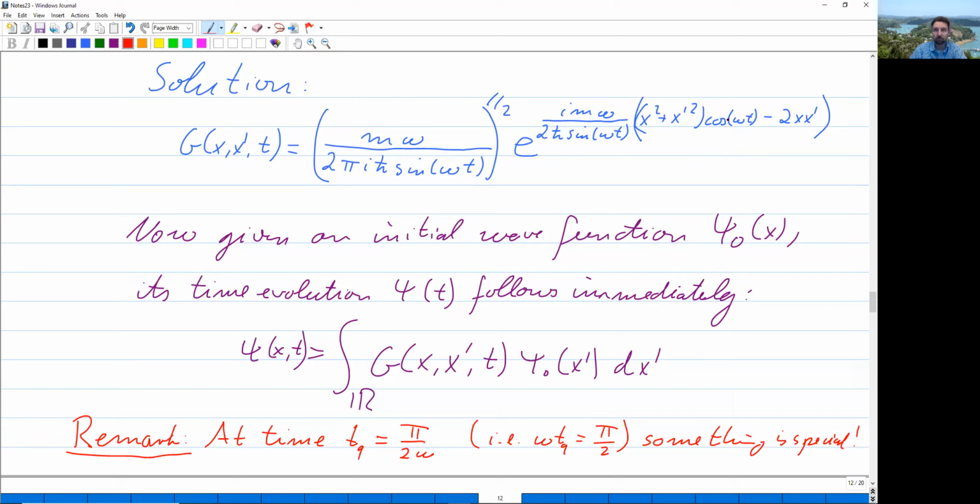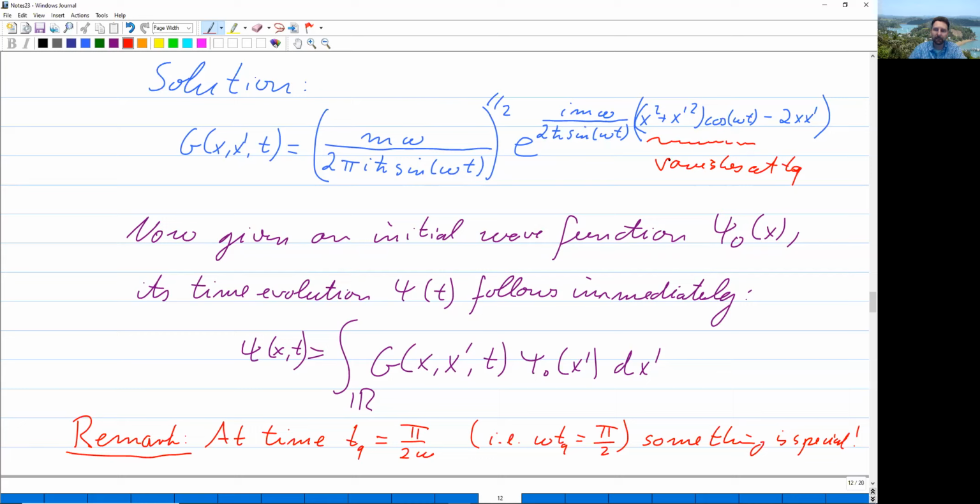So that term disappears up here in the exponent. The sine term here becomes a 1, and that sine term here becomes a 1, the quarter period. But importantly, and that's what I want to point out here, this term vanishes at tq.